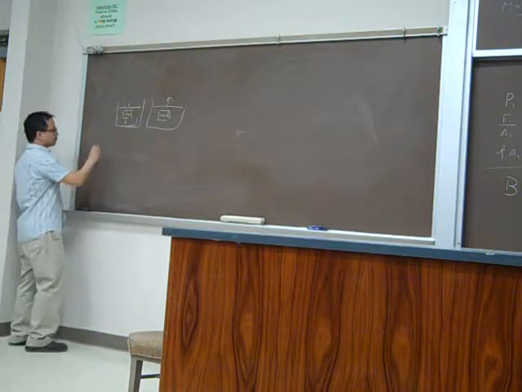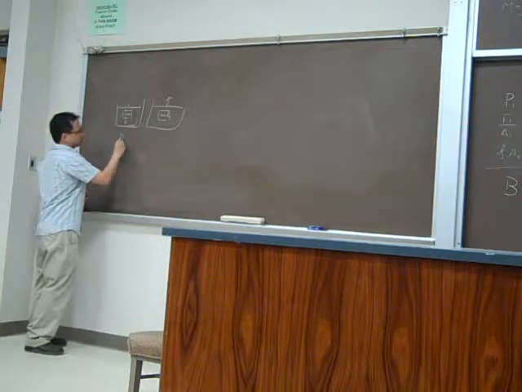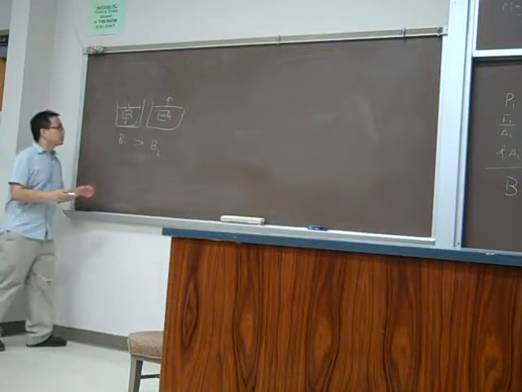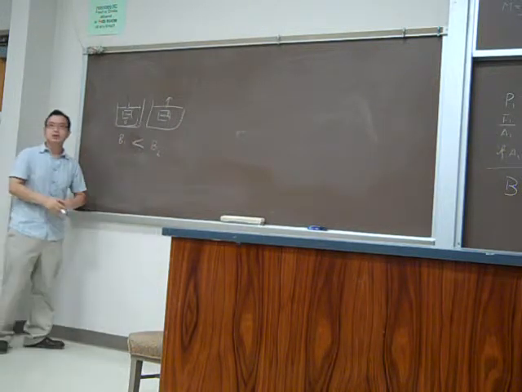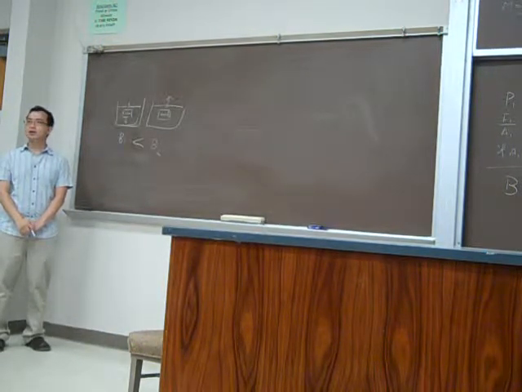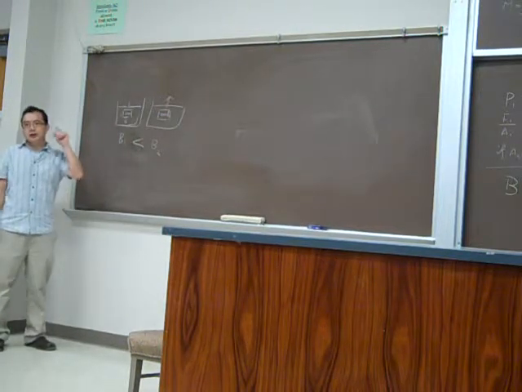Many would say the buoyant force B1, let's call this B1 and this B2, many would say B1 is smaller than B2. Is this correct? If it's not correct, why does this one float up and this one sink down?